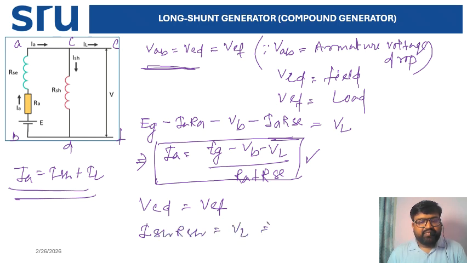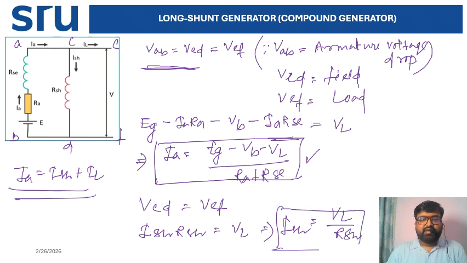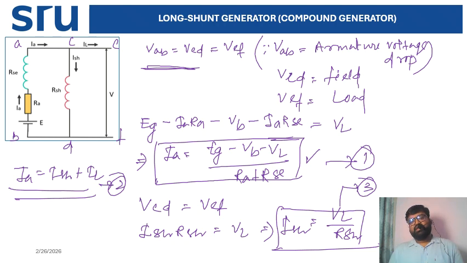Then what is the ISH? ISH equal to VL by RSH. This is our equation number 1, this is equation number 2, and equation number 3. All these conditions we are using to calculate the currents.